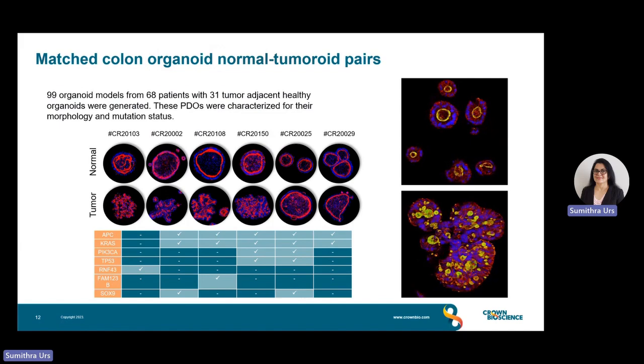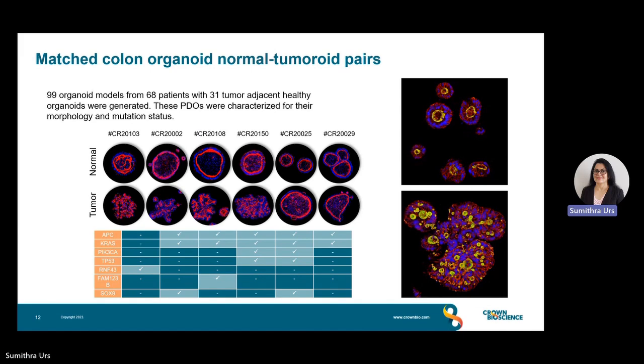Meanwhile, Ocello or Crown Bio generated 99 CRC organoid models from 68 patients with 32 tumor-adjacent healthy organoids. These PDOs were characterized for their morphology and mutational status.